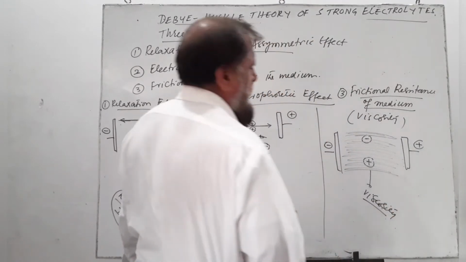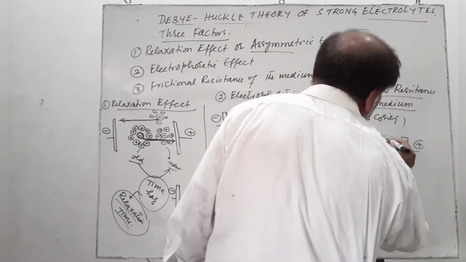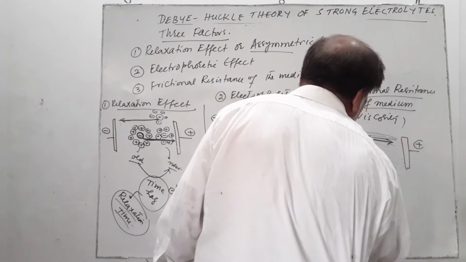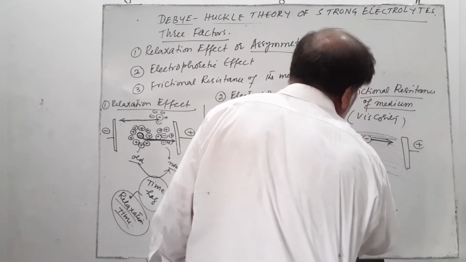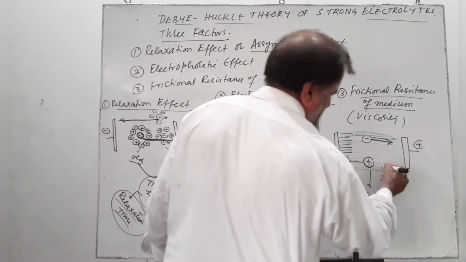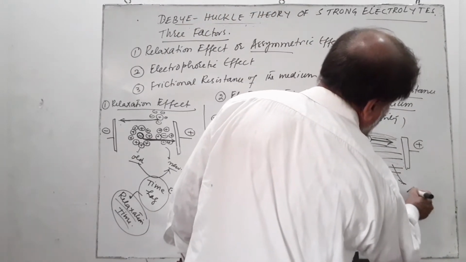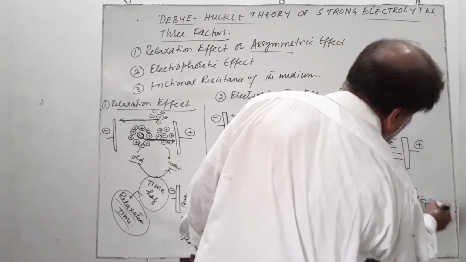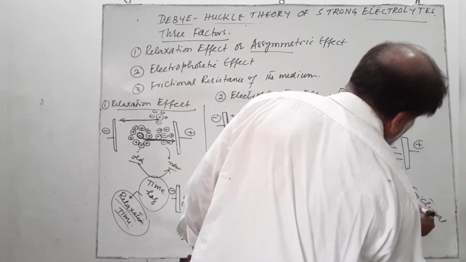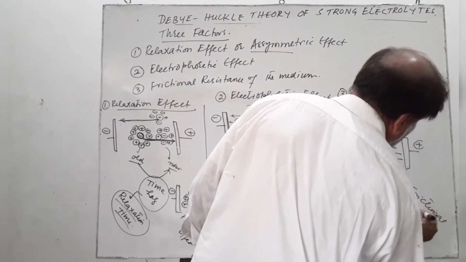It resists the flow of a liquid. So when the ions move towards opposite electrodes through this medium, it offers a frictional force, offers a resistance to the flow of ions, and this resistance is known as the frictional resistance of the medium.